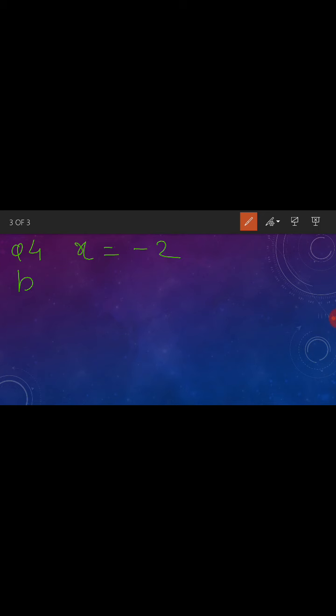So let me go with the first question with a statement form. It is your wish, whatever you want to do, either multiplication, division, addition or subtraction. So here I am going with multiply.